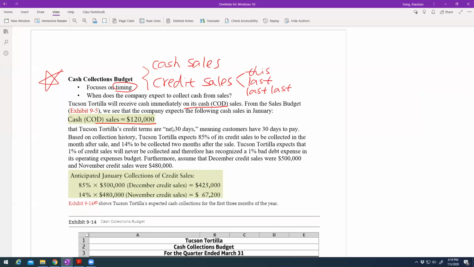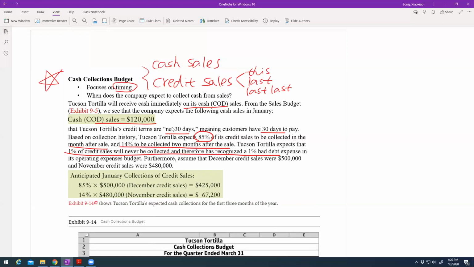But for credit sales, I talk about a brief idea here. We practice one maybe next time. So hopefully you feel better after practicing with me. We have our credit sales net 30 days, which means you have 30 days to pay, right? Based on the collection history, you expect that 85% will be collected in the month after the sale, 14% will be collected 2 months after the sale, and then you expect 1% will never be collected.